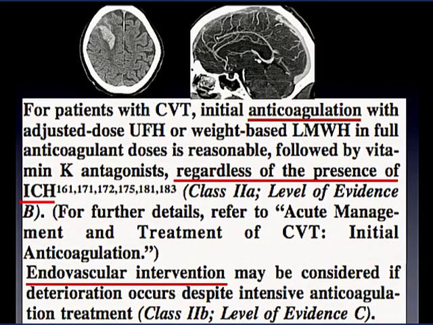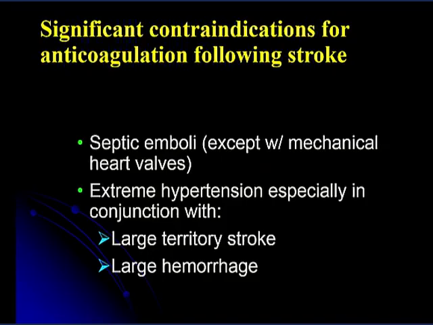So those patients, initial anticoagulation is recommended regardless of whether you see an ICH. Endovascular therapy to open this up can also be considered, but that's only if the patient fails anticoagulation.